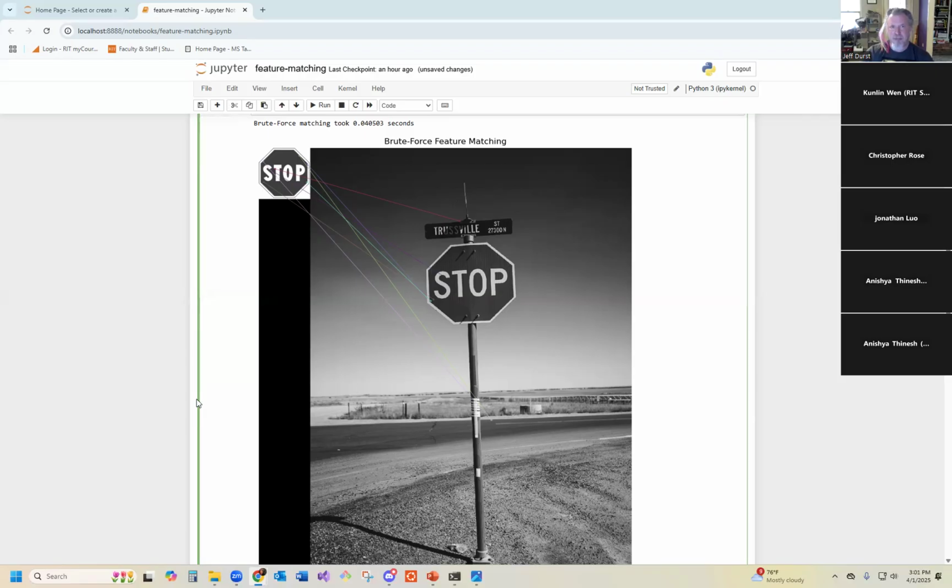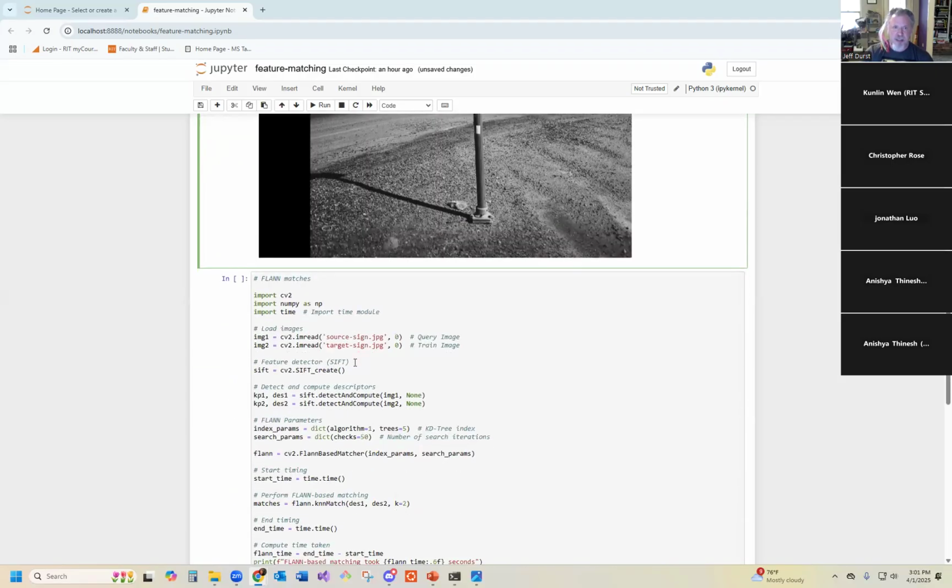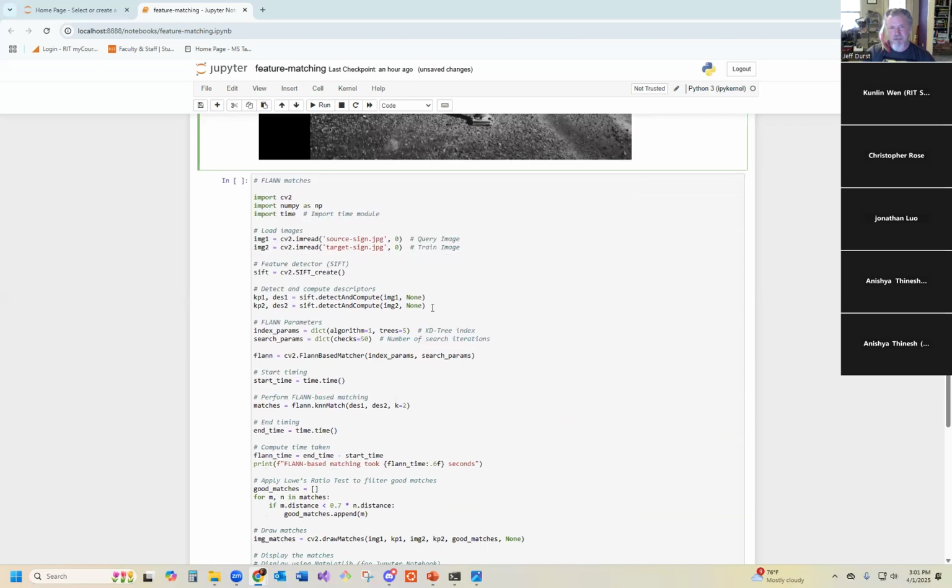So that was our brute force method. If we want to get a little smarter, we've still got our same generic SIFT algorithm finding our key points. You can see for our FLANN index parameters, it's doing 5 trees, so that's the number of trees it's searching through for the approximation. Again, you probably already know way more about that than me.